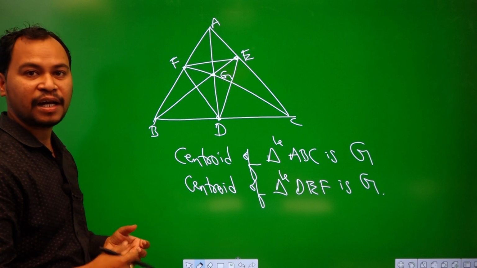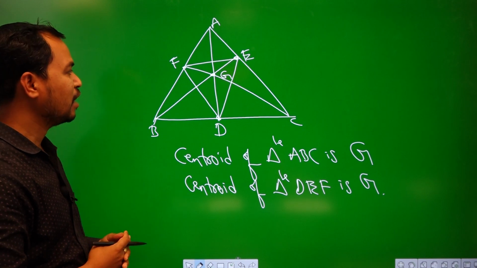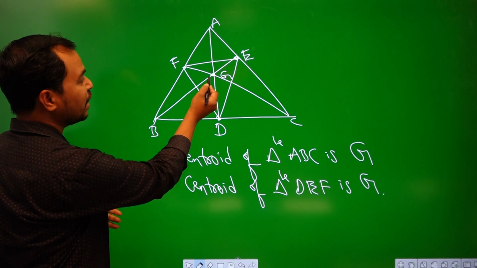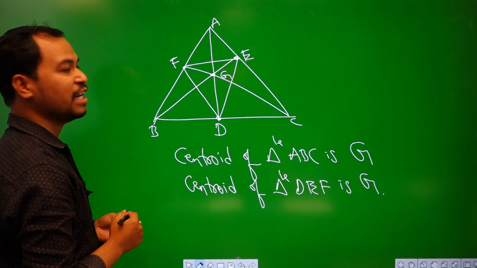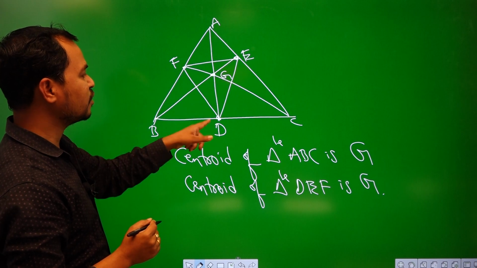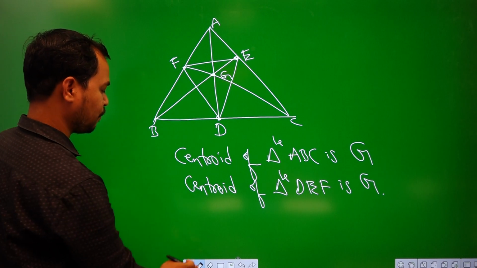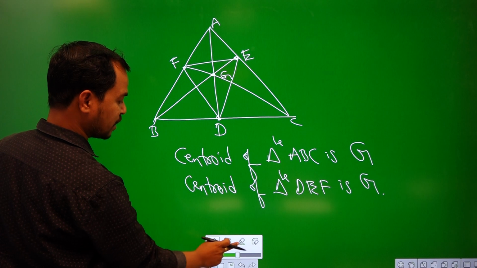So what is the formula here? (x1 plus x2 plus x3 by 3, y1 plus y2 plus y3 by 3). So here G is the centroid of ABC as well as the DEF triangle, which is formed by joining the midpoints. And another property of the centroid.